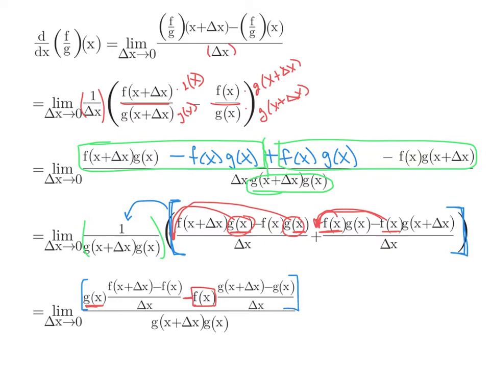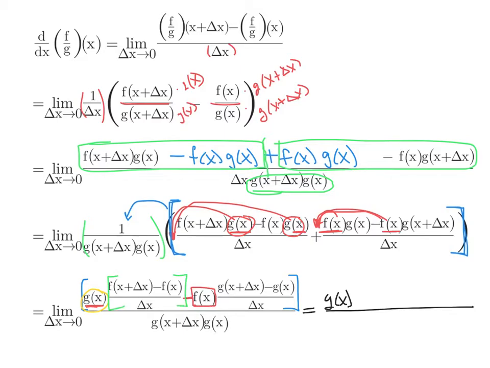Now we're ready to take the limit of this. So let's see what we get. As we go through our fraction, piece by piece, we're going to let delta x approach 0. G of x doesn't have any delta x's in it, so it's going to stay g of x.